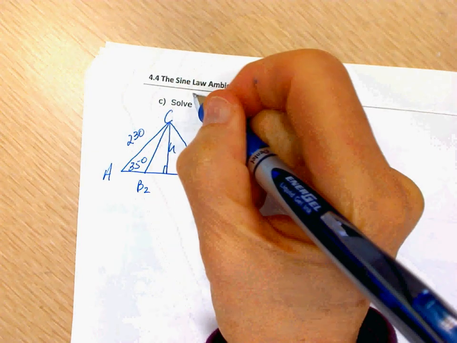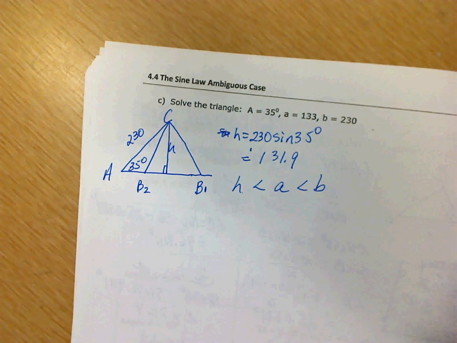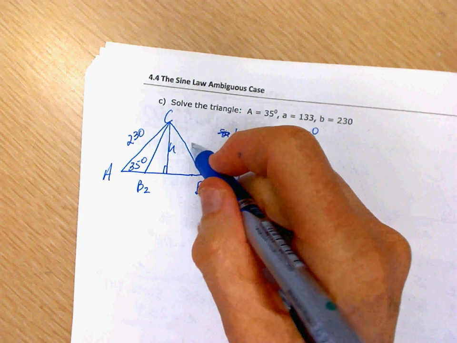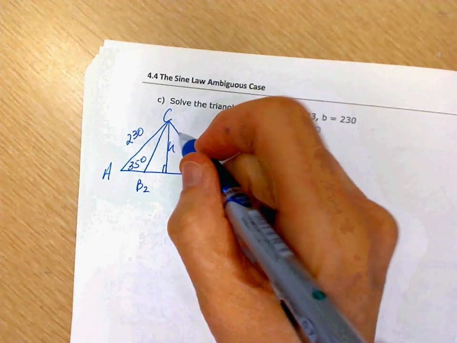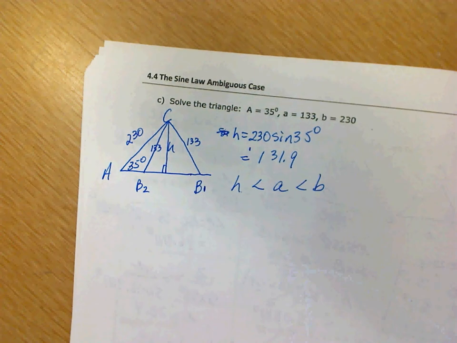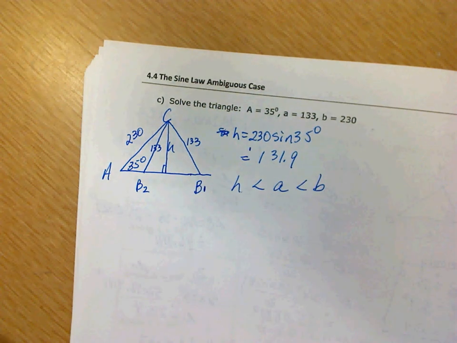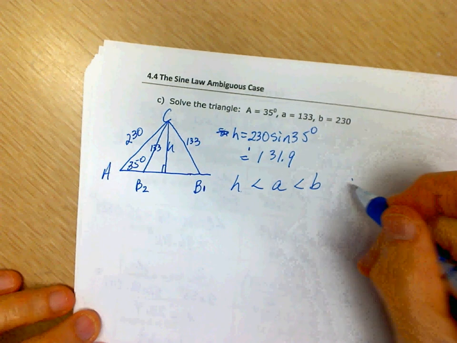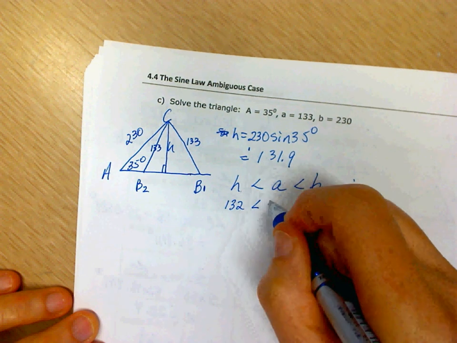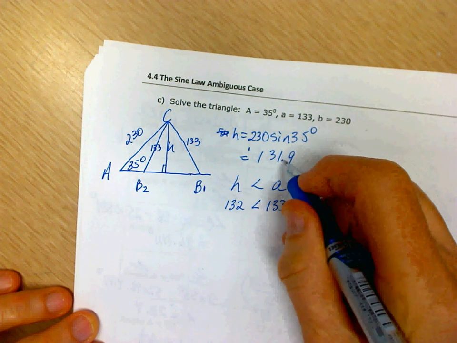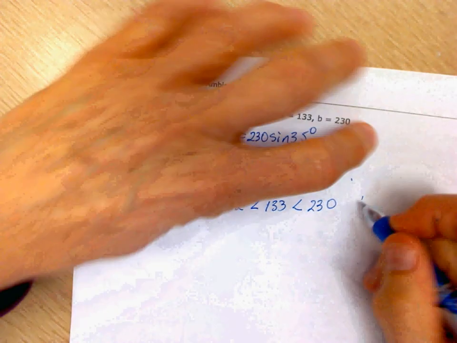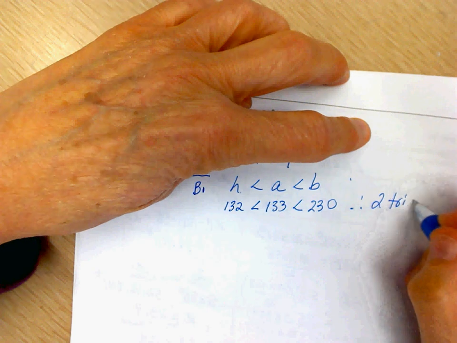This A can either go here, which is 133, or it can go here, 133. Two solutions. So I'll just write out the numbers. 132 is less than 133, which is less than 230. Therefore, two triangles, two solutions.